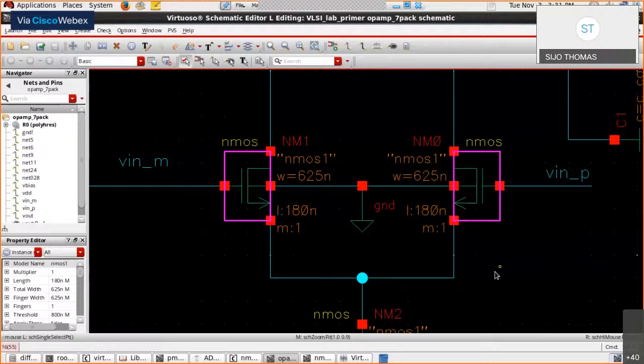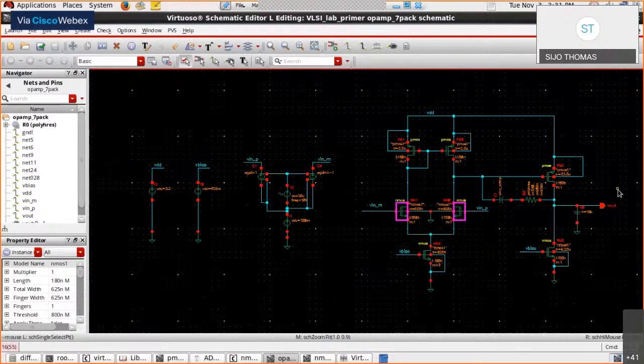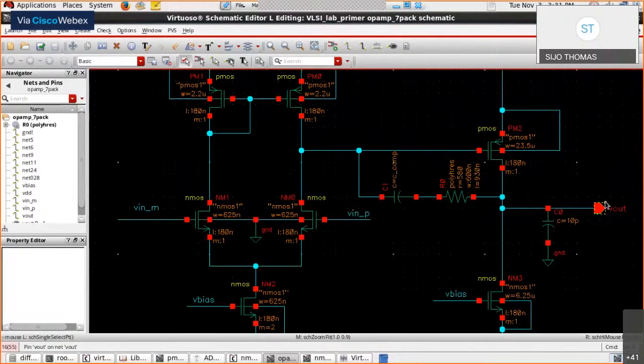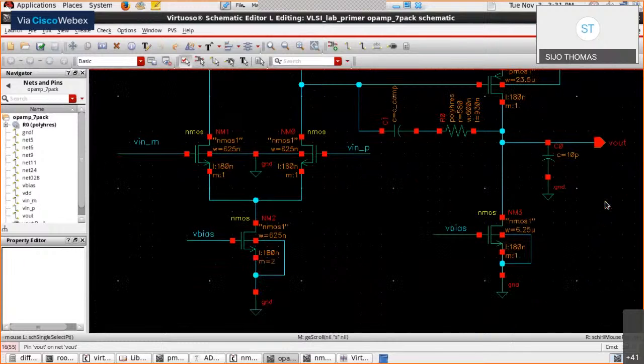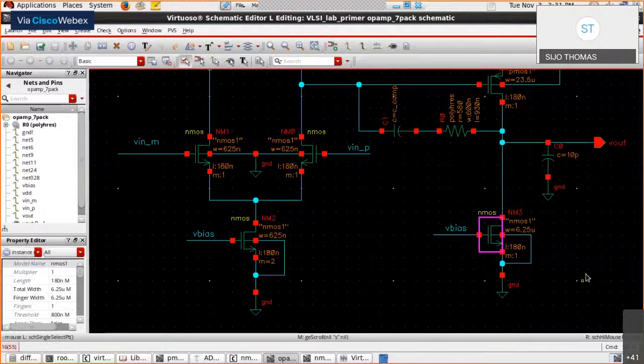Since we already have the curve for NMOS, now we can find the MOS width at the second stage, which comes as the load of the second stage. Navin, can you show the second stage of this schematic? Yeah, we have one more NMOS here. So we can find what is the value of that.